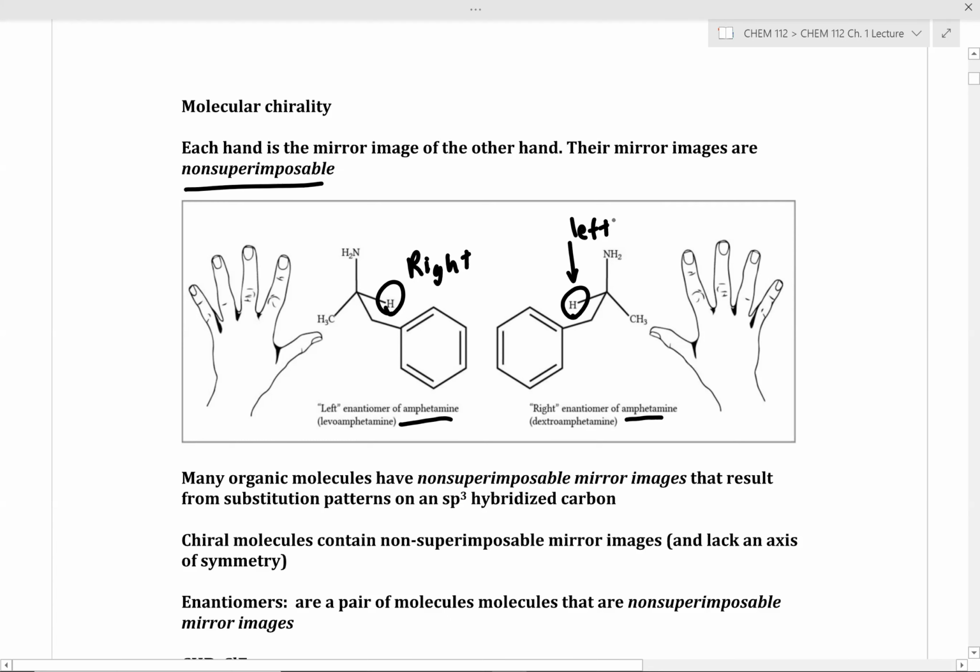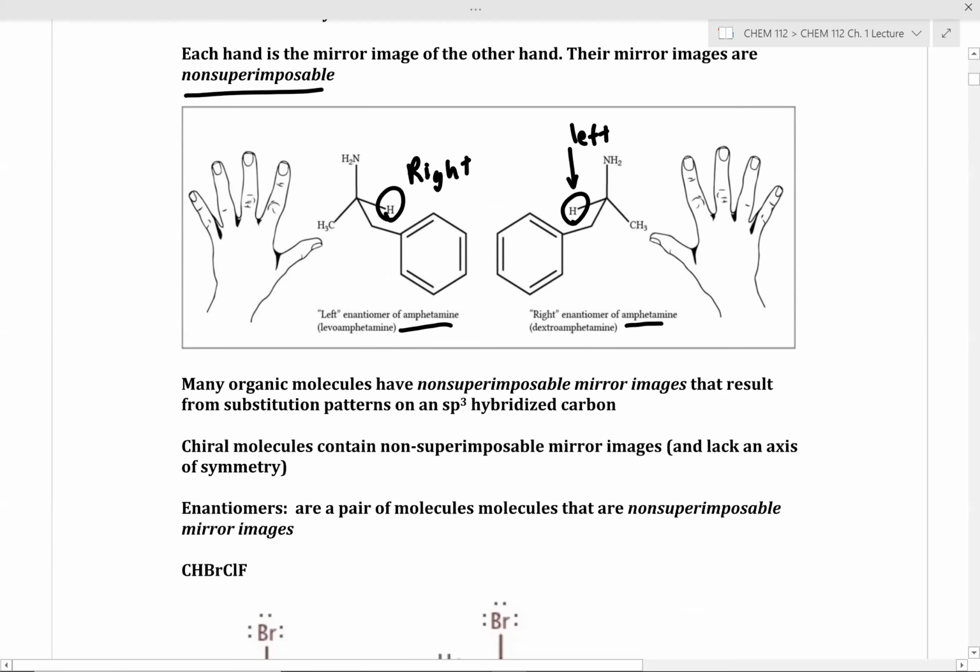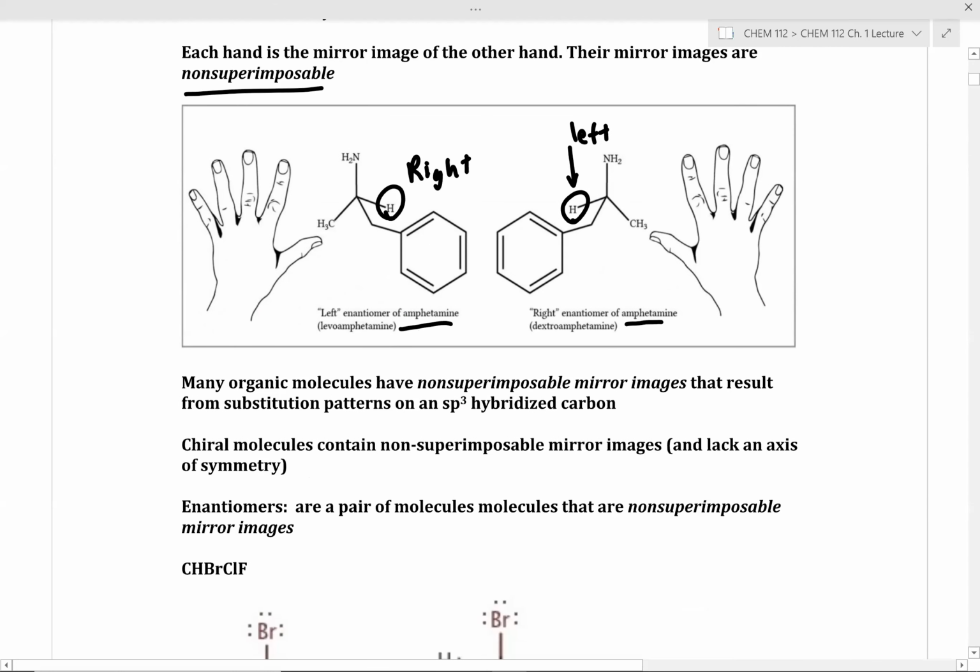So our substituents have a different relative position, and because all of our substituents are different, these two mirror images cannot be superimposed. So many organic molecules have non-superimposable mirror images that results from substitution patterns on an sp3 hybridized carbon. So chiral molecules contain non-superimposable mirror images. Another term that we can use is we can say that they lack an axis of symmetry.